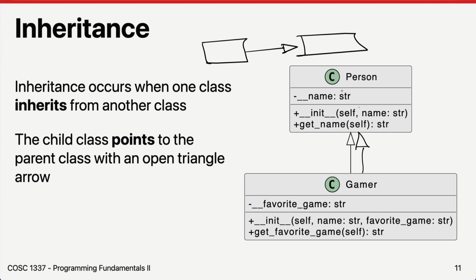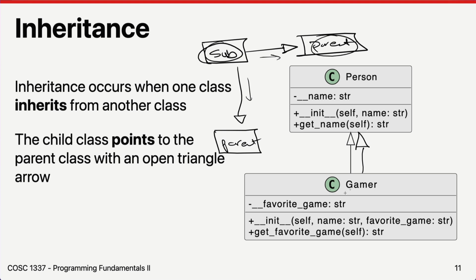I just want to be really clear about that. Sometimes it goes sideways. Sometimes it goes down because that's just the way that it looks. But this class here would be the subclass, and then these would be the two parent classes. So you have to watch which directions the arrows are pointing to know which is the subclass and which is the parent class, because it's not always going to be subclass on the bottom, base class on the top.